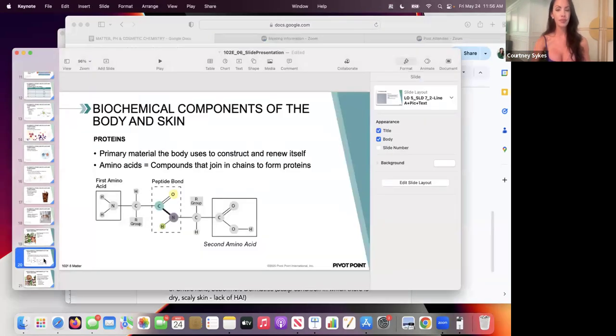Okay. Then it goes into biochemical components in the body and skin, those proteins. Again, we've got an amino acid bond, we've got our peptide bonds, and then how this pulls into an amino acid chain. So amino acids create little building blocks, oftentimes of peptides that then tighten the skin, as one example to kind of bring it back to beauty. But as we get older, or if free radical damage happens, a lot of those peptide bonds break.